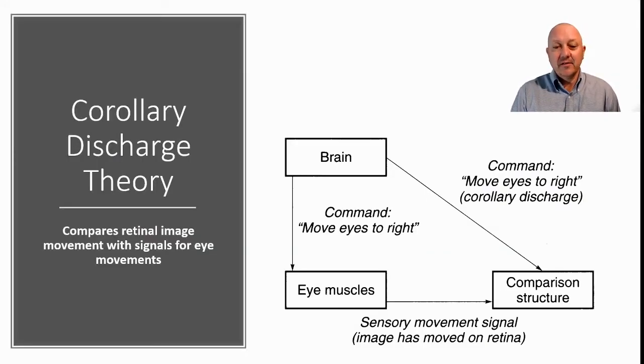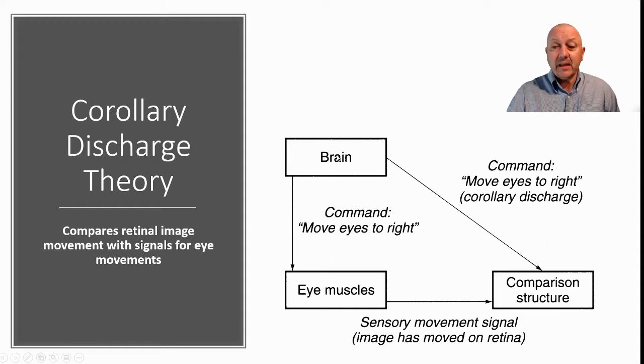Corollary discharge theory does that pretty well. Basically, it incorporates the expected movement given input from the motor system. So if you move your head, there is input from the motor system that the theory can account for. The brain says, all right, we're going to move the eyes to the right, and we're going to move the eye muscles.